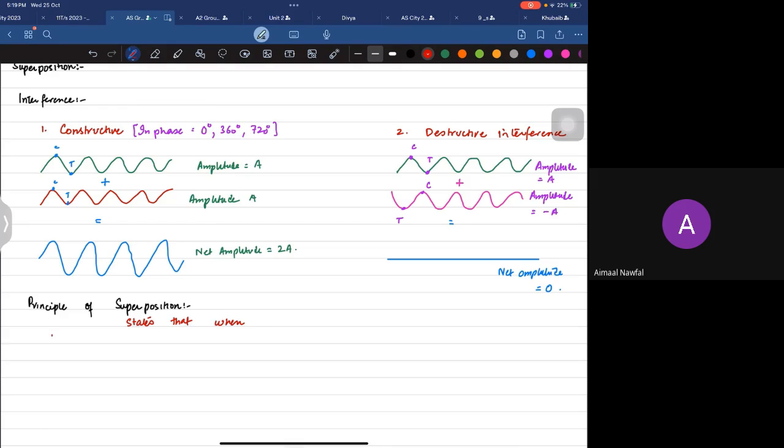So I'm going to break it into two parts, but you can always write it in one go, okay? When two or more waves meet at a point, now here you have this keyword that must be written.